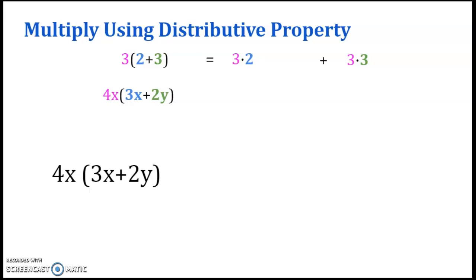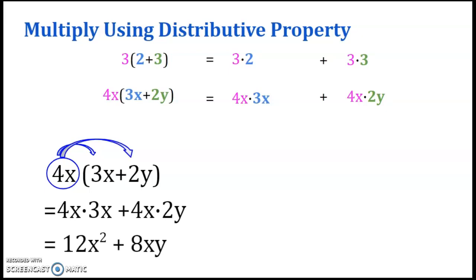So the only thing we can do is, since 4x is being multiplied to what's inside the parentheses, we can multiply the 4x to each of the terms inside the parentheses. So this is going to be 4x multiplied to the 3x first, and then to that you're going to add 4x multiplied to the second term. So you can visualize this as 4x times 3x and 4x times 2y. And the final answer is going to be 12x squared plus 8xy.